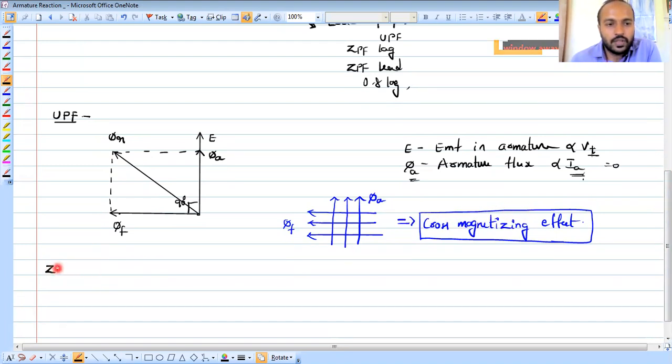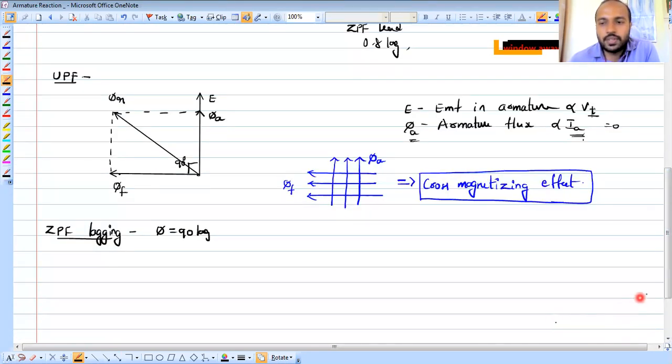Let us come to ZPF lagging. Zero power factor lagging. That means the angle between V and I is 90 degrees, right? 90 lagging. This angle is equal to 90.